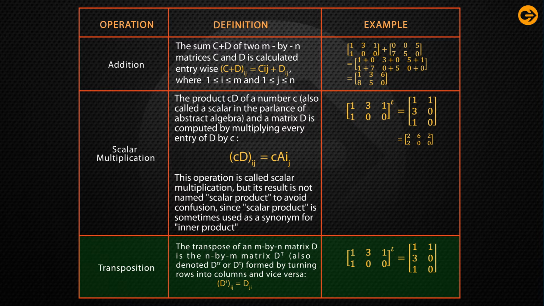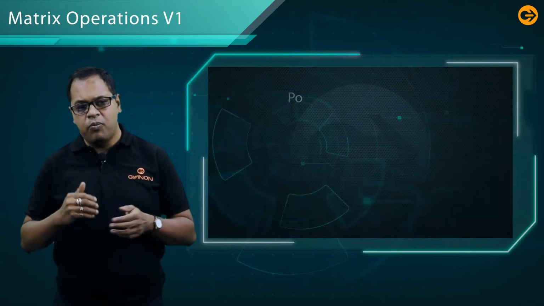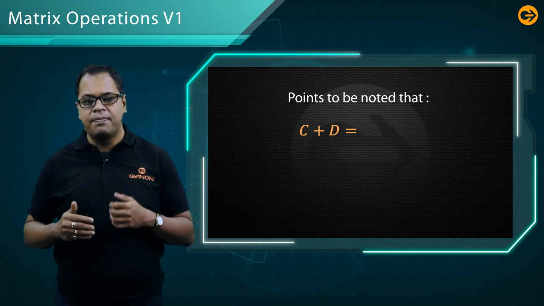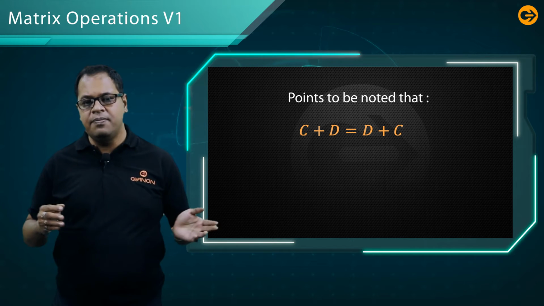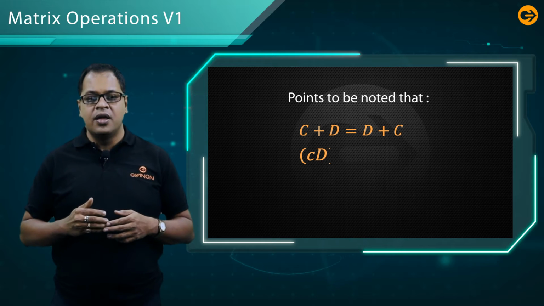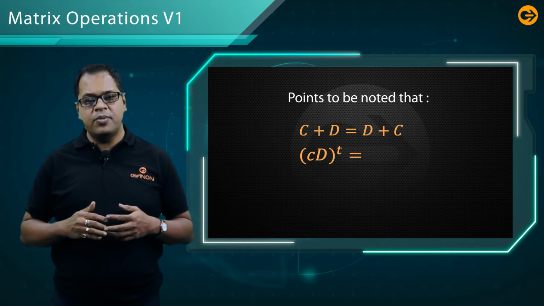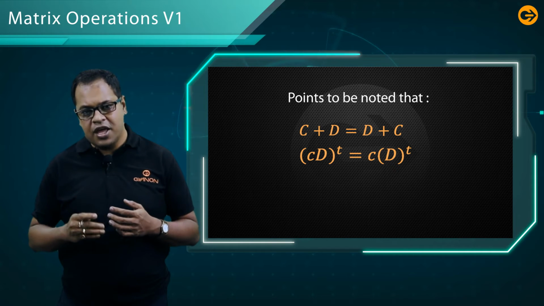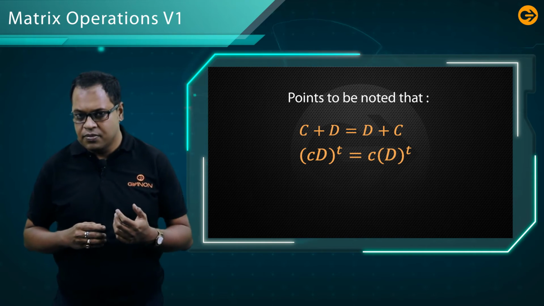Now let us discuss, in this case, what are the points to be noted. Point to be noted, if you add two matrices, that means C plus D, it will be D plus C. Number 2 point to be remembered, (CD) whole to the power transpose equals C times D to the power transpose, where C is a scalar quantity.